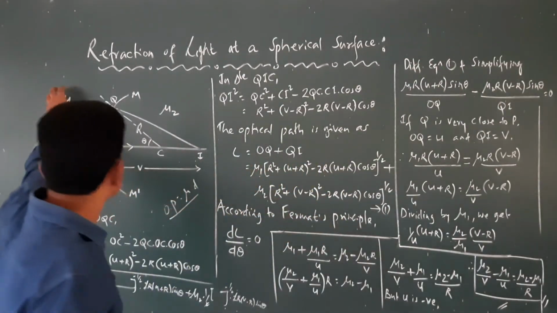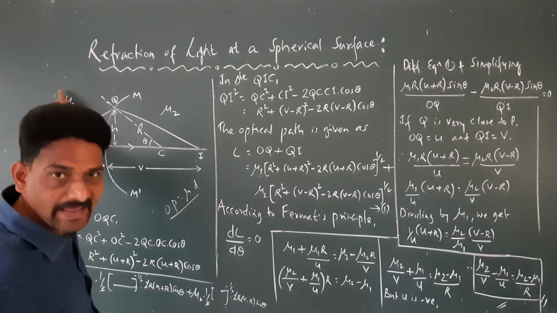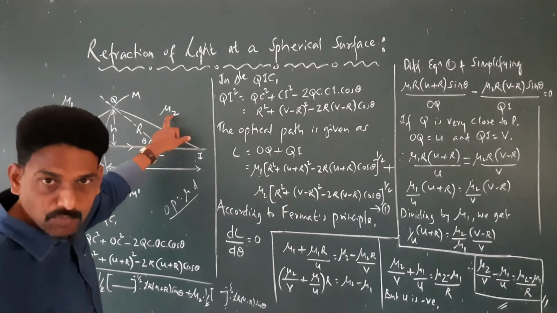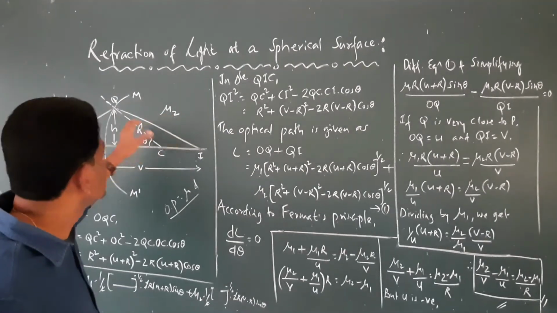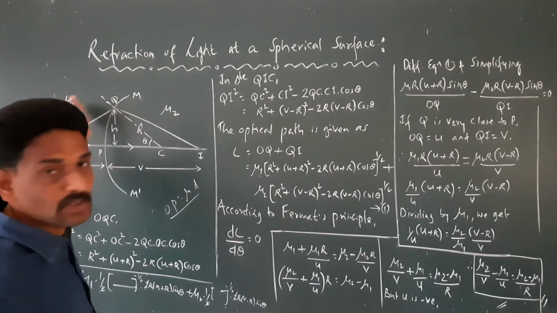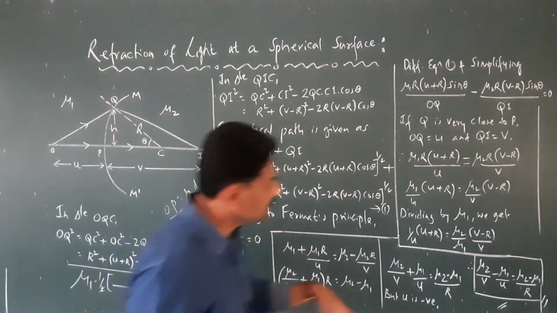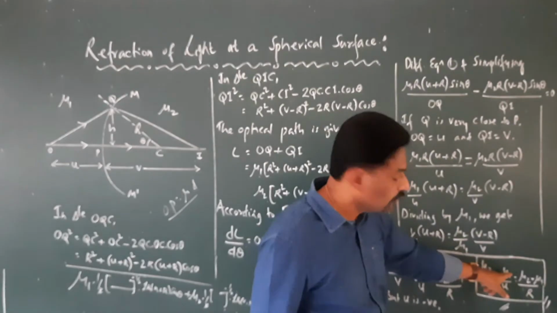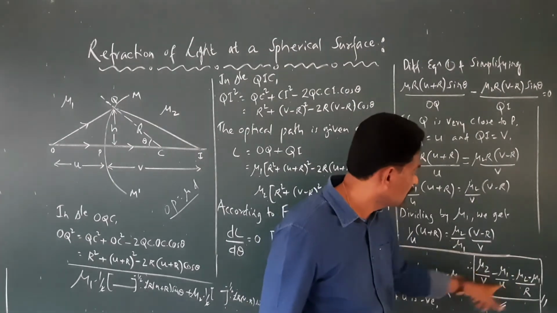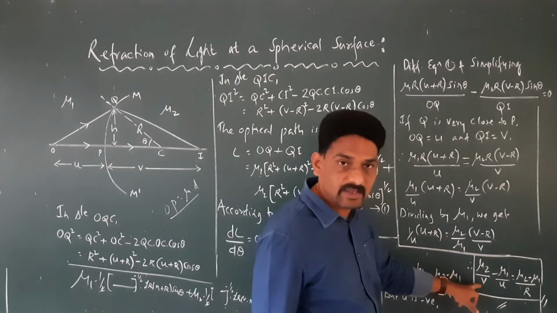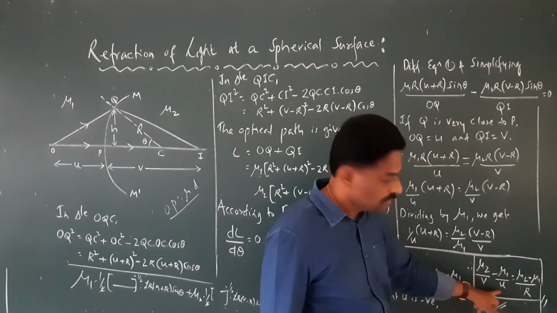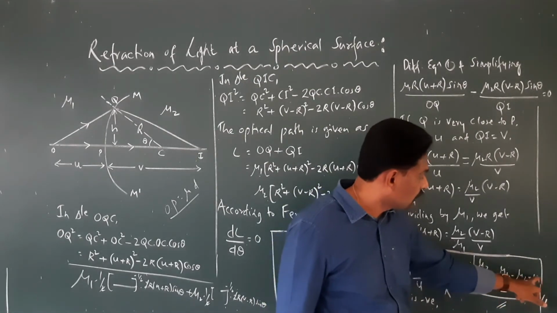If the incident light is coming from the air medium to the glass medium, then mu2 is mu and mu1 is 1.